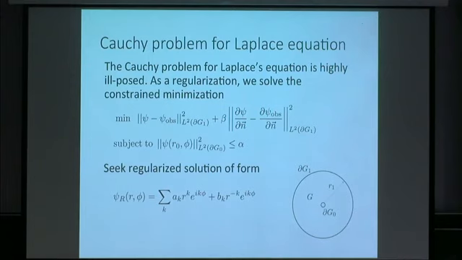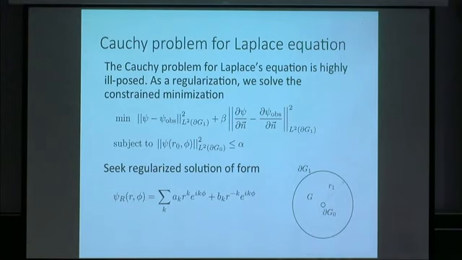And as our regularization strategy, we chose to work with a constrained minimization shown here. So we're trying to minimize the function given on the first line, which is the sum of two terms subject to a constraint. The first term is the L2 norm on the outer boundary of the difference between our solution and the observed concentrations.